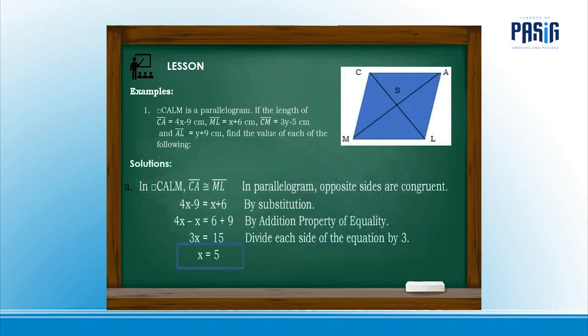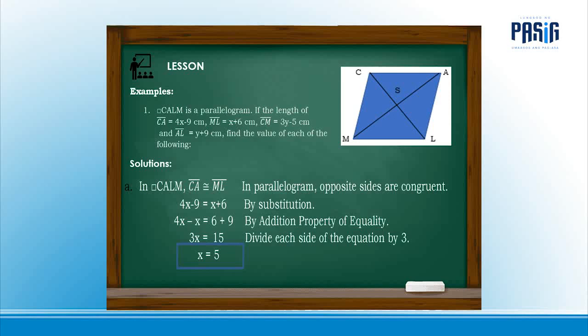So here is the solution to find the value of x. In parallelogram CALM, side CA is congruent to side ML. In a parallelogram, opposite sides are congruent. By substitution, 4x minus 9 equals x plus 6.